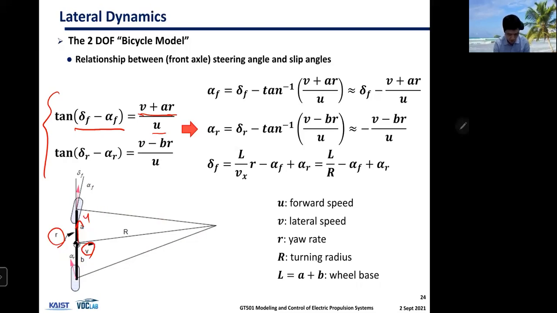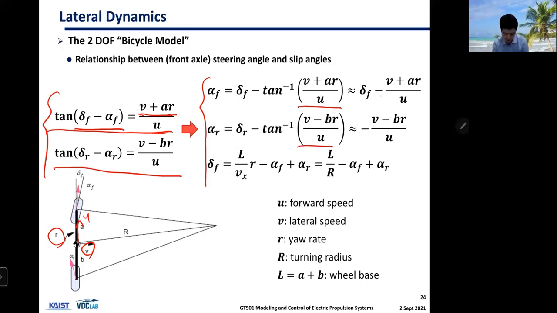If you rewrite these two equations, one for the front and one for the rear tire, you're going to end up with alpha front, alpha rear, and again by the small angle theorem, you are going to end up with these two equations.